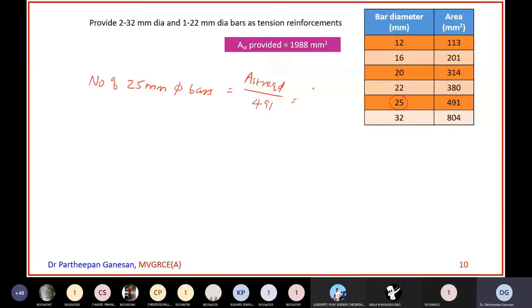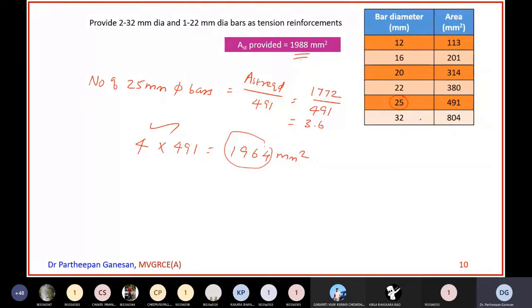AST required was 1772 divided by 491. You will get 3 point something, yesterday you told me I think 3.68. So you have to provide 4 number of rods. 4 into 491 will be 1964 millimeters square. That is even lesser than this value. So you can go with 4 number of 25 mm diameter bars also.